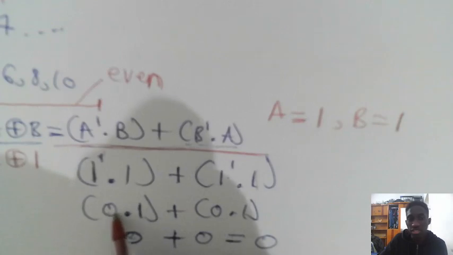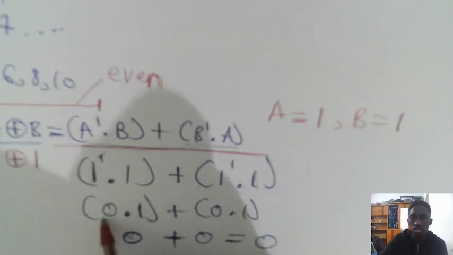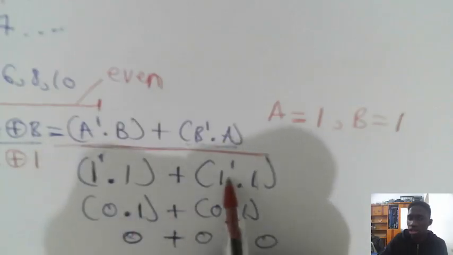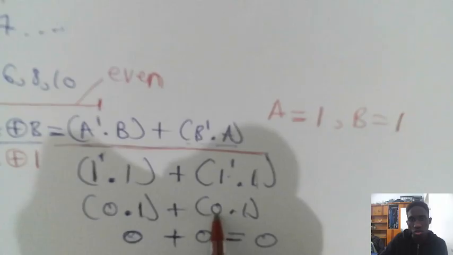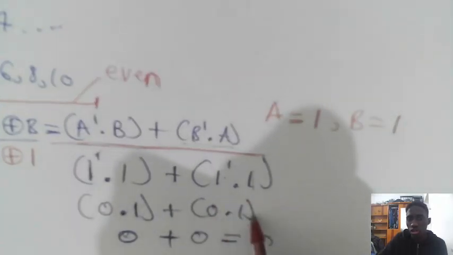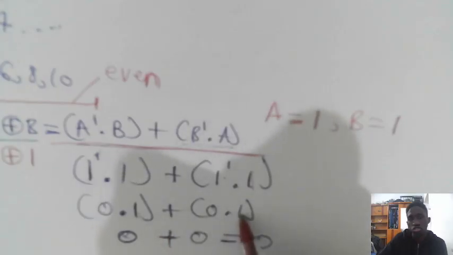So 1 complement is 0. Remember, the complement switches 1 to 0. So we have 0 and 1, or 0 and 1. 0 and 1, false and true is false, and false and true is false.